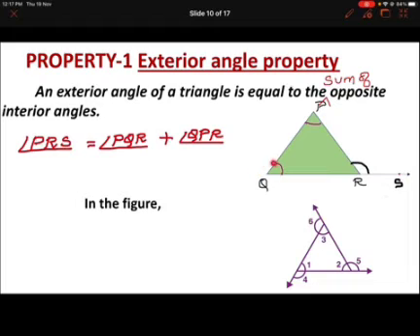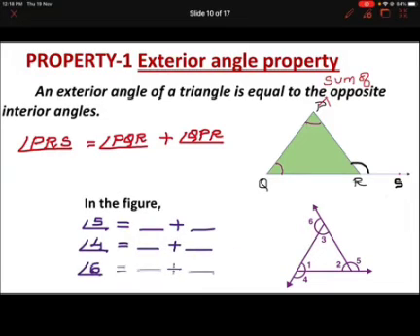If I extend this side this way, I get one exterior angle here. So, you can extend the side any which way. Wherever you extend, you get one exterior angle, and that exterior angle will be equal to the sum of the opposite interior angles. Okay?